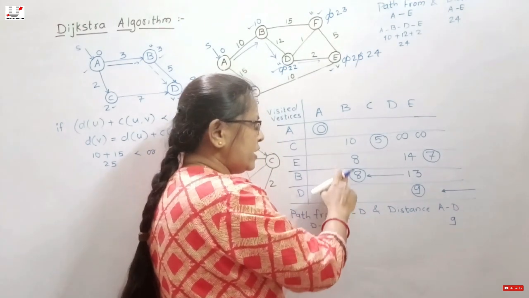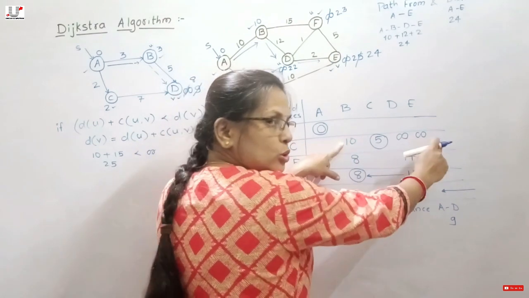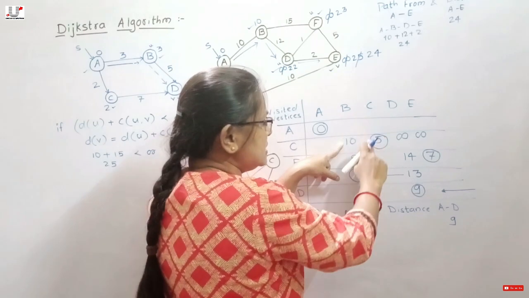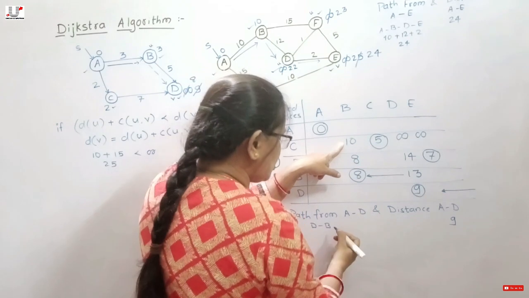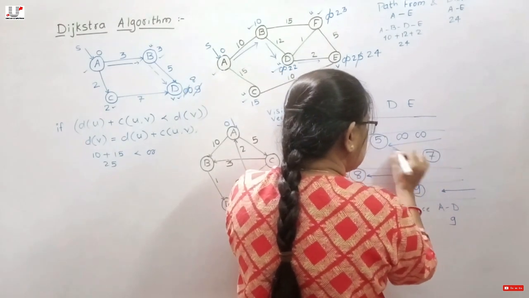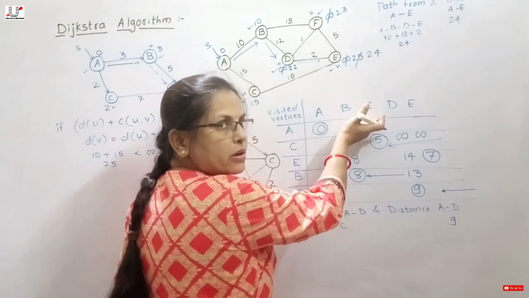Yes, there is a modification in the same column, and from that row the vertex C has been marked as the smallest one. So specify that, select this C from this row, and again move upward.